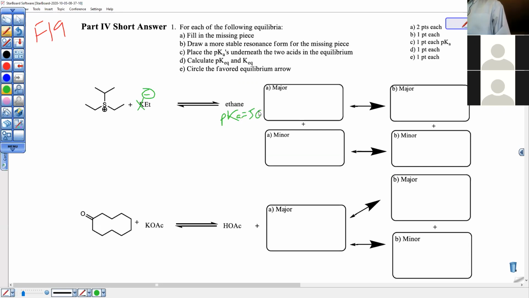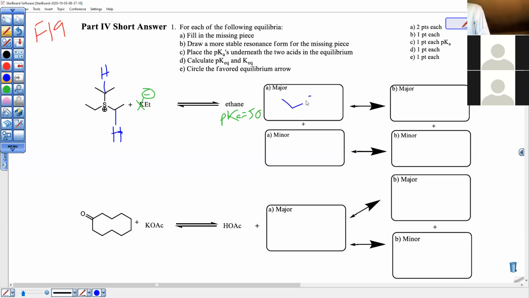The H's that are options are this one or this one. The question is, which one will be a better anion? And the answer lies in the resonance form that has a double bond going here versus there, which is more substituted.